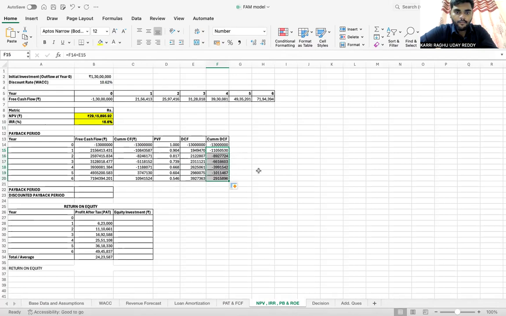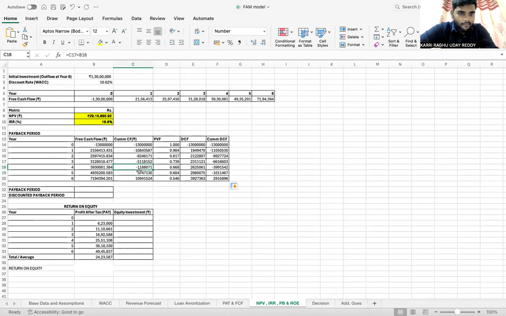Now we got the cumulative discounted cash flow values. Using this, we can calculate the payback period. Now let us see what the payback period is. It is the period where we get the break even, where free cash flows are converted into profits. Here we can see the positive value comes in the fifth year.